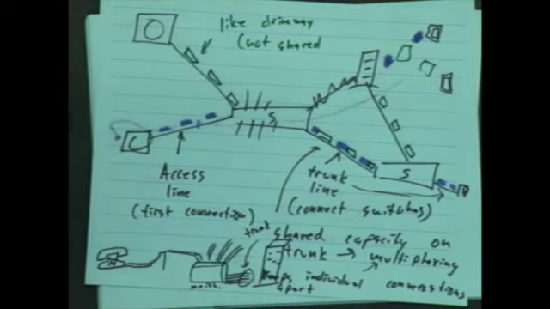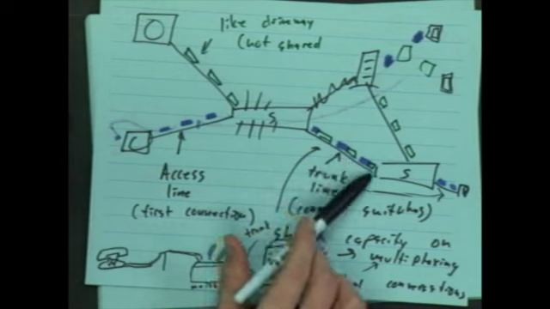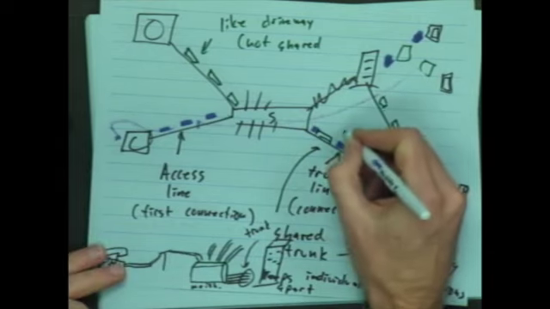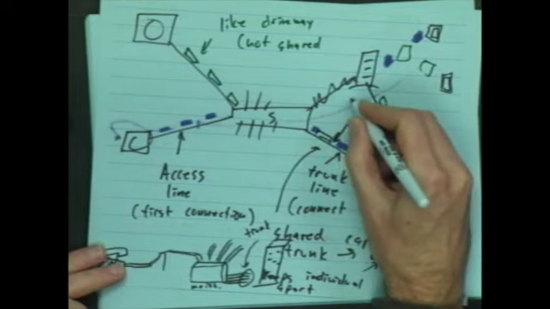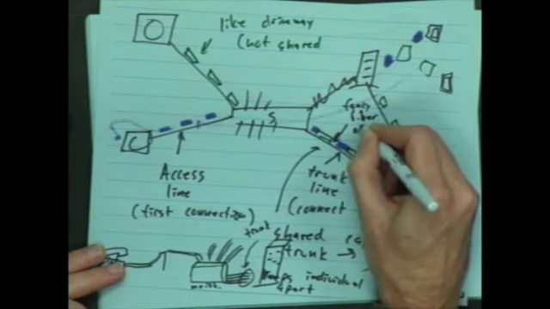And of course nowadays trunk lines aren't a big old fat bunch of cables, right? A trunk line here, what do you think this one would be? Yeah, there you go. See, you guys know it's a fancy fiber optic cable.